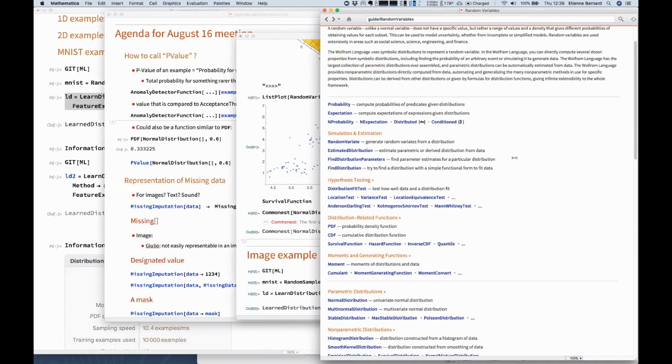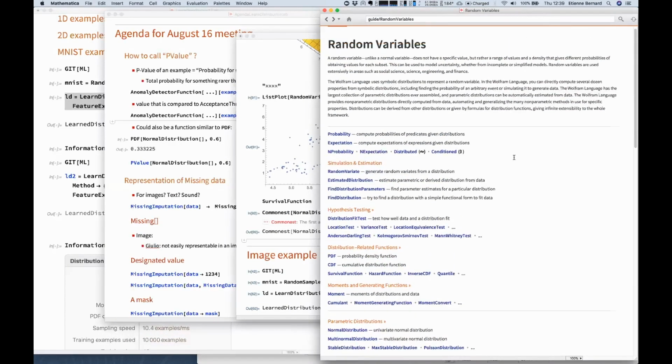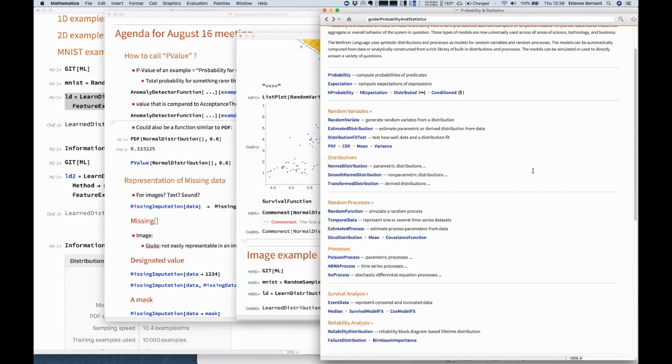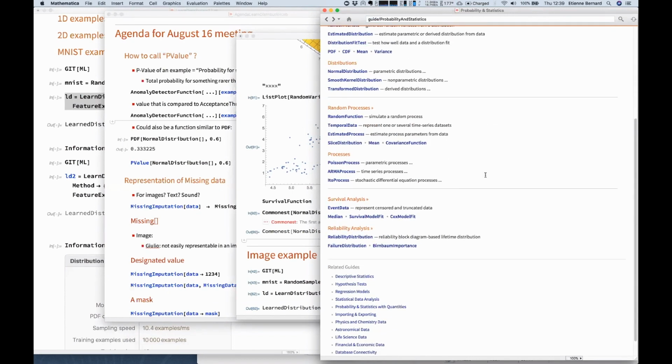This is for random variables, not probability and statistics. Scroll up. This is descriptive statistics. Can you go one back? Oh, that's random variables. Okay, that's wrong. So there we've got mean and variance. But where is the stuff about descriptive statistics? It's its own guide page down there, under related guides. Okay.